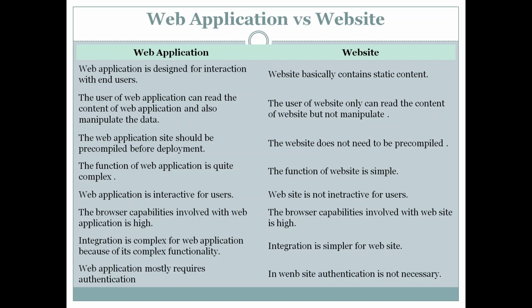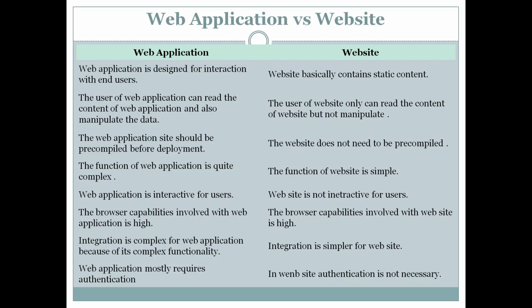You can see we have given some examples like YouTube, Facebook, Gmail. If you look at all of these web applications, you need to authenticate, means you need to log in first. You need to provide username and password, then only you can use it. To use Facebook, you need to log in. To use Gmail, you need to log in. So a web application generally requires authentication of a user.